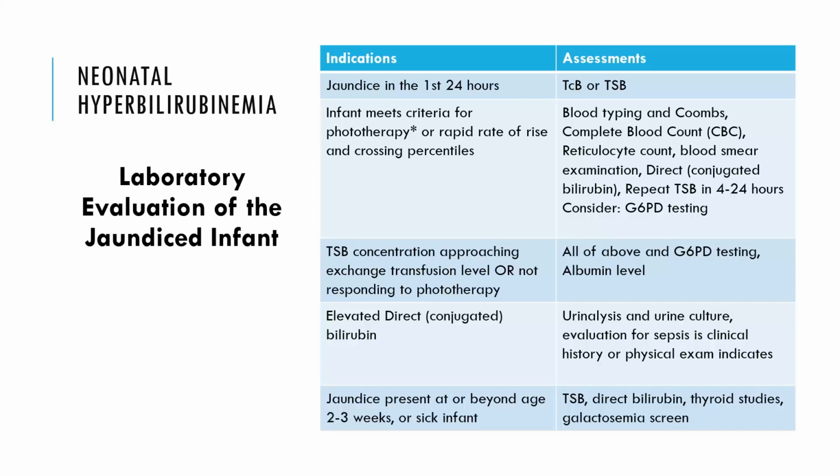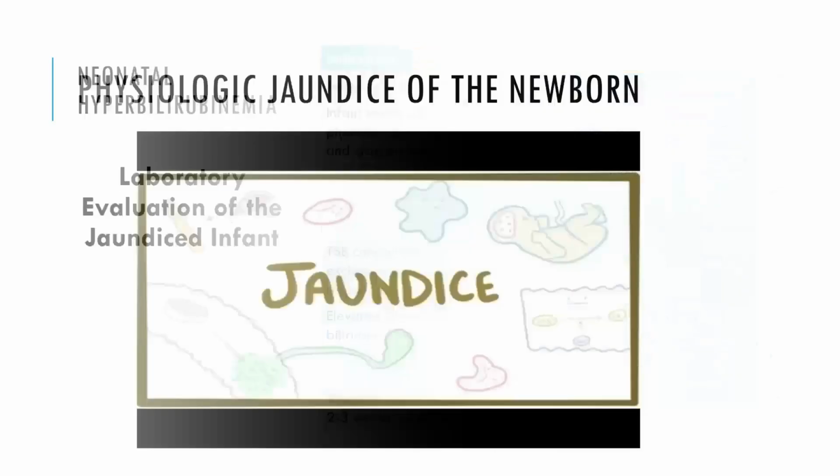Maybe you have something going on with your biliary tract, like an obstruction. And then for jaundice that's present at or beyond age 2 to 3 weeks, or if you've got a sick infant, these are the assessments that they recommend, looking for more of the zebras of diagnoses, not the most common ones that you see.